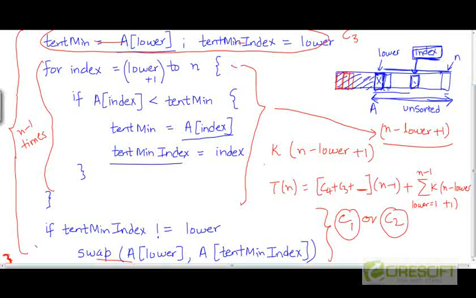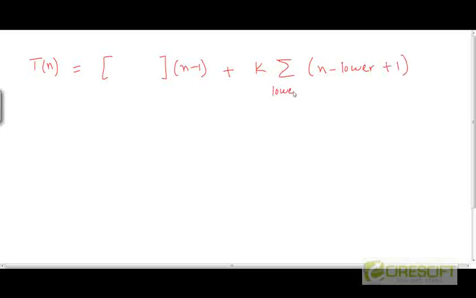So if we write this again, T of n will be some constant multiplied by n minus 1 plus k multiplied by the summation of this expression. The lower varies from 1 to n minus 1.